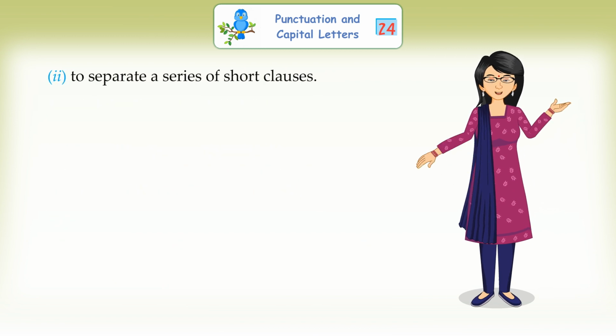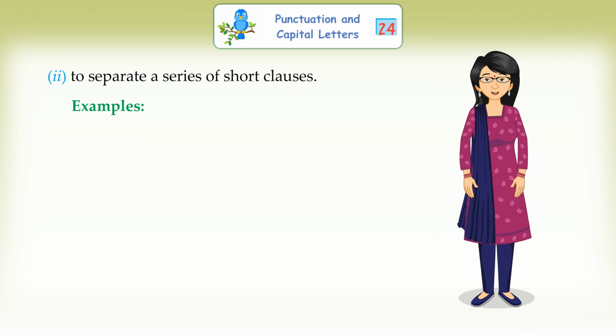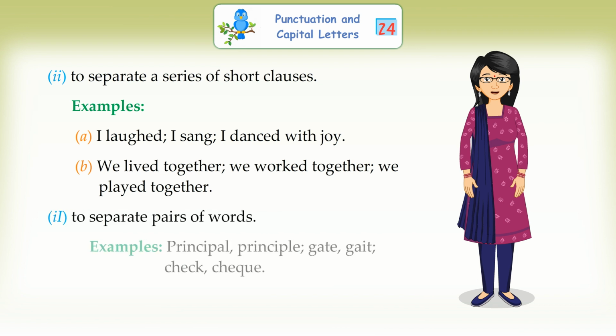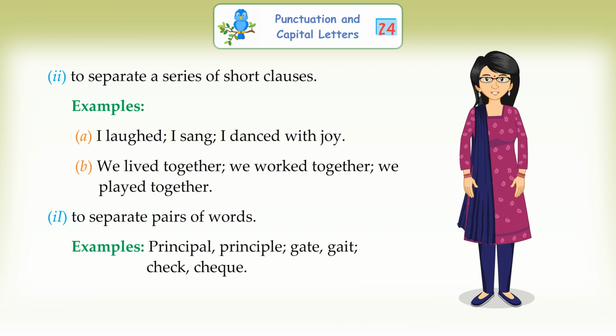To separate a series of short clauses. Examples: I laughed; I sang; I danced with joy. We lived together; we worked together; we played together. To separate pairs of words. Examples: principal, principle; gate, gait; check, cheque.